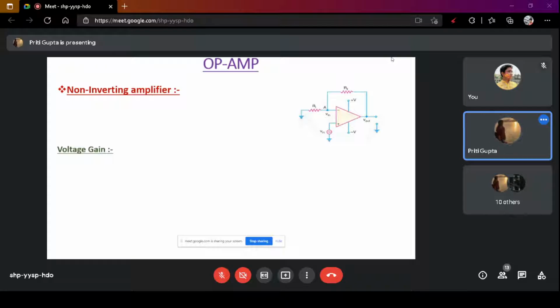In the module on field effect transistor, I don't know who is going to take it, either me or madam. Module 6 has some more amplifiers and power amplifier.